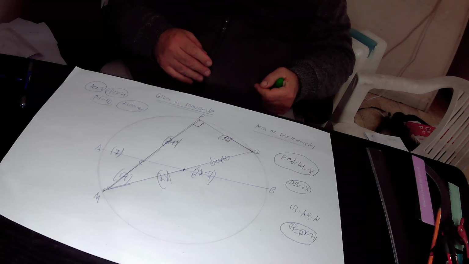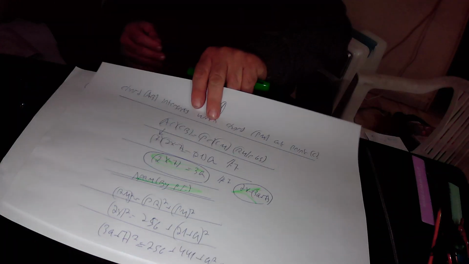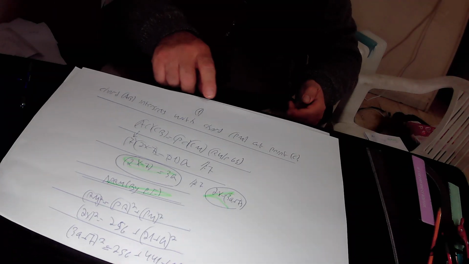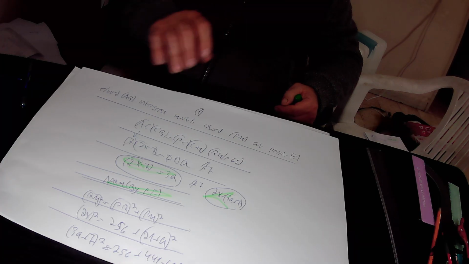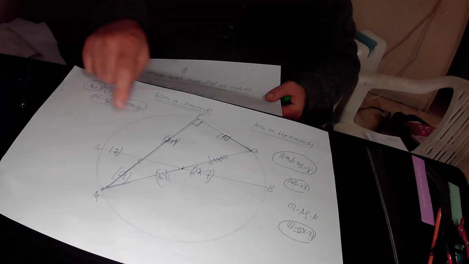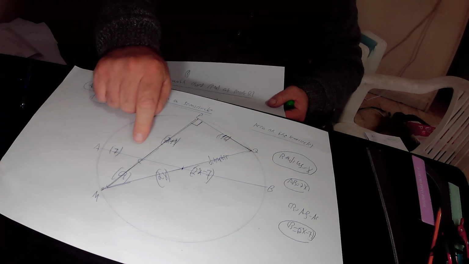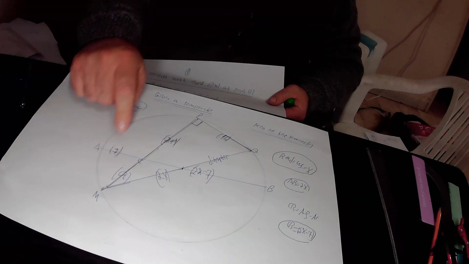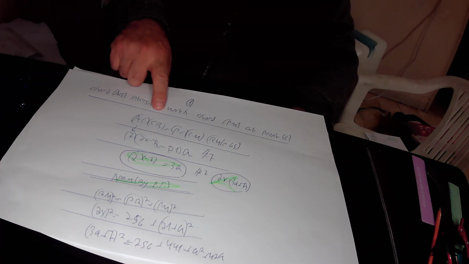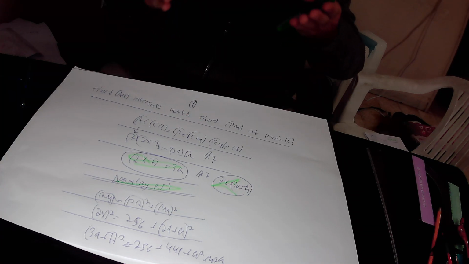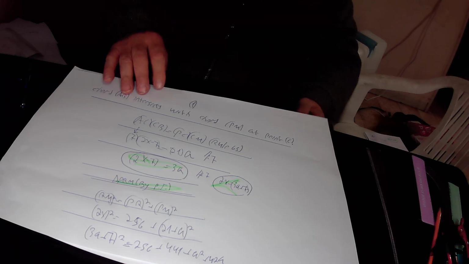Therefore, according to Rule 65, the following equation holds: AC times CB equals PC times CM. This equation is the implementation of Rule 65 in our circle.